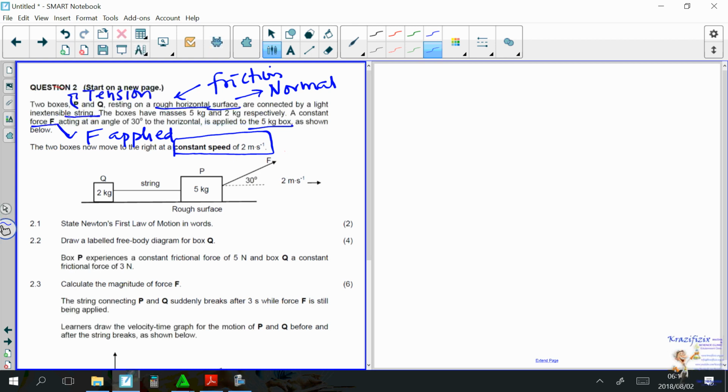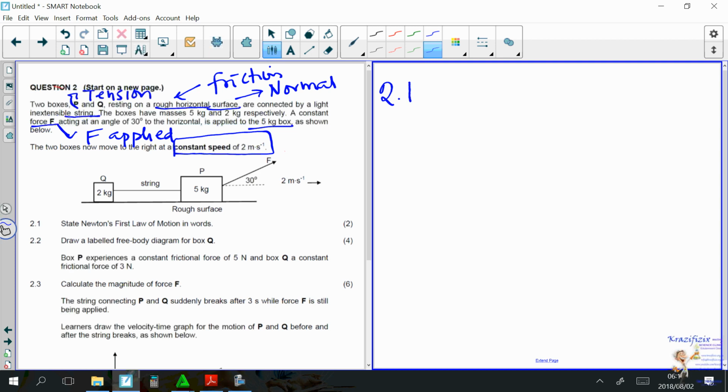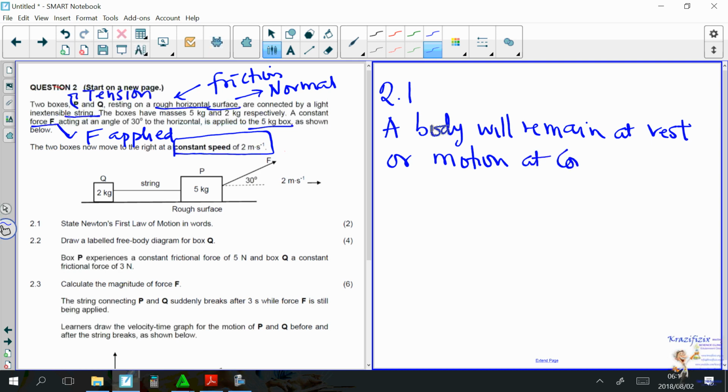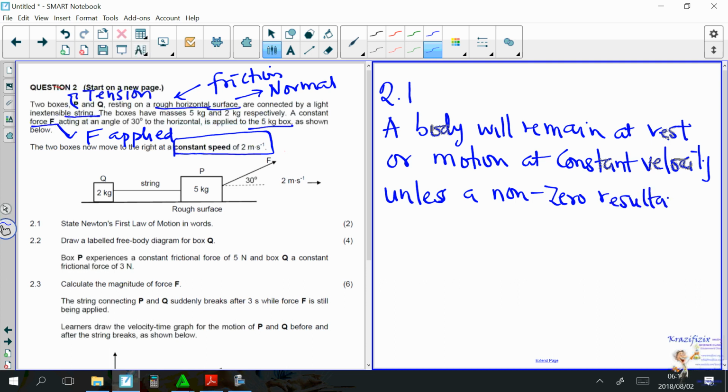2.1. State Newton's first law of motion. Guys, we need to know our laws. A body or an object will remain at rest or in motion at constant velocity, or use the word uniform, constant velocity, all right, unless a non-zero resultant force or net force acts on it.